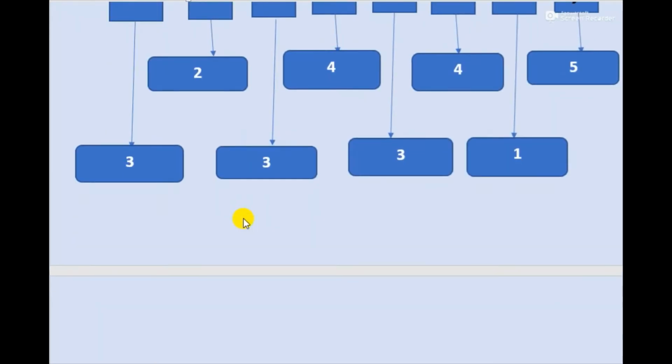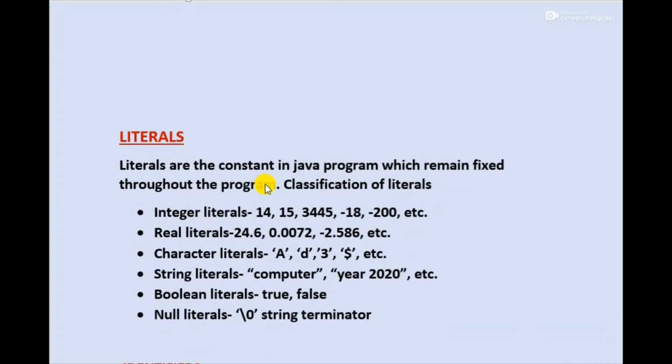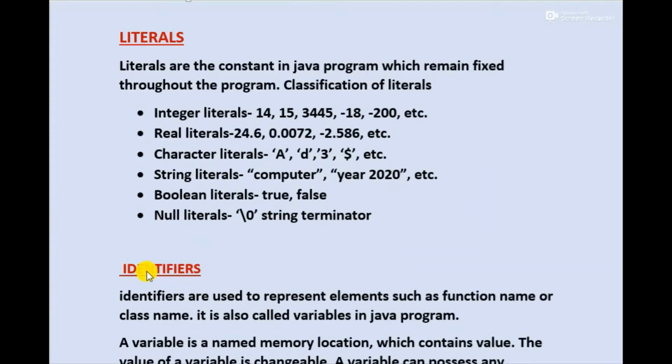So now I am going to discuss each and every token which can be used in a Java program. The first token is literals. Literals are the constants in Java program. When we write a program in Java, we may come across some quantities which remain fixed.